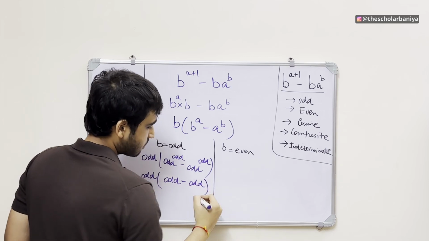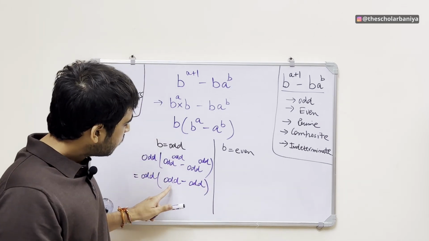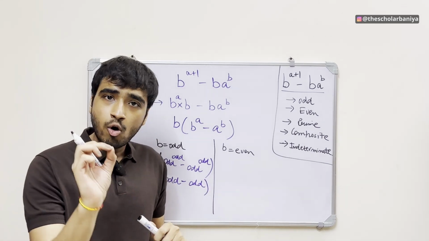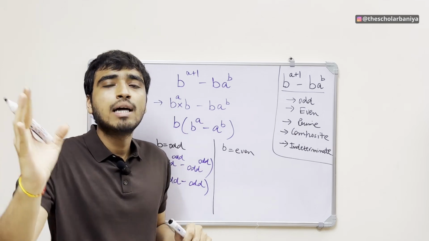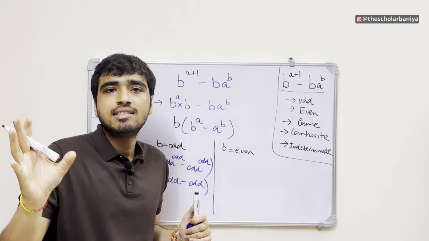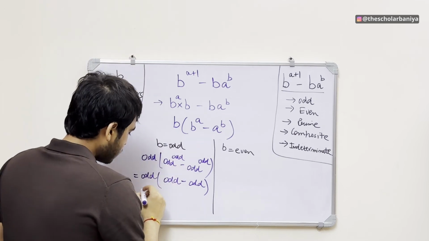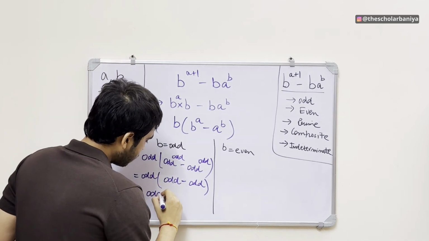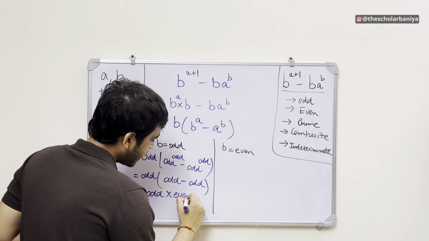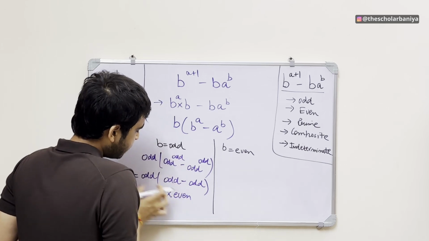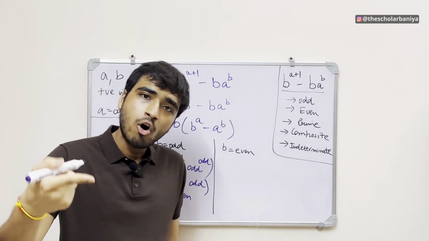So this is odd and this is also odd. Now tell me what is odd minus odd? Odd minus odd is always even. For example, 9 minus 3 is 6. 7 minus 5 is 2. So odd minus odd is always even. So this becomes odd into even, right? This part becomes even and this part is odd. Now what is odd into even?